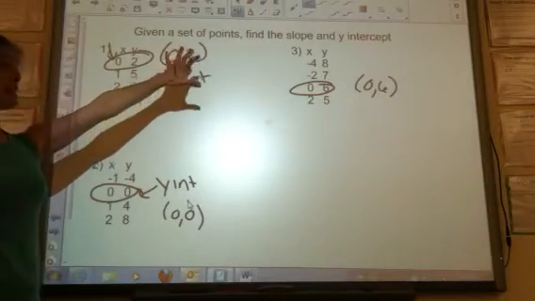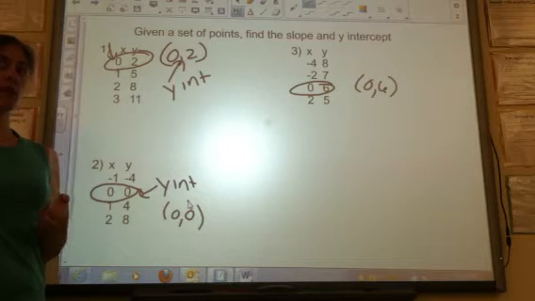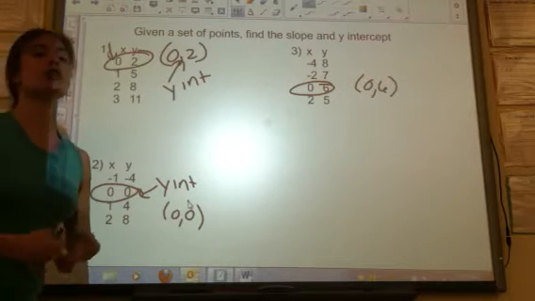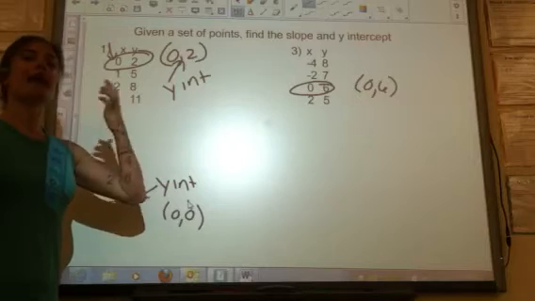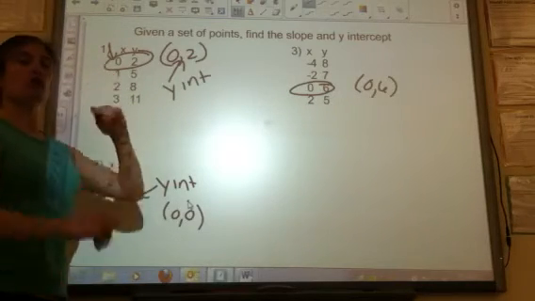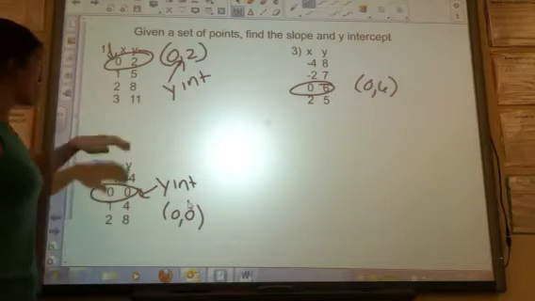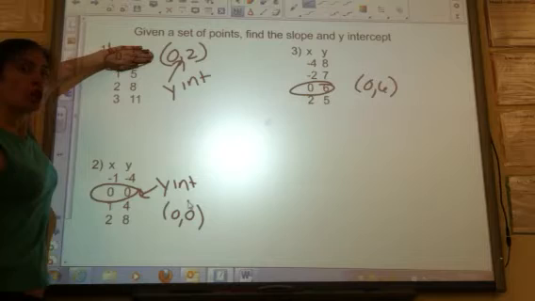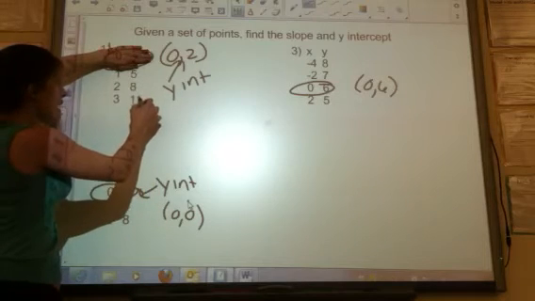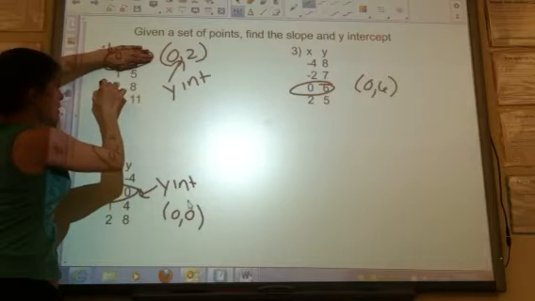When you're looking at a set of points, you're looking for the x value to be 0 to find the y-intercept. If there is no 0, look for the pattern and extend the xy chart up or down to find what would happen if x is 0. So in other words, if this wasn't here, you would know that the pattern is minus 3, minus 3, minus 3 for y and minus 1, minus 1 for x.